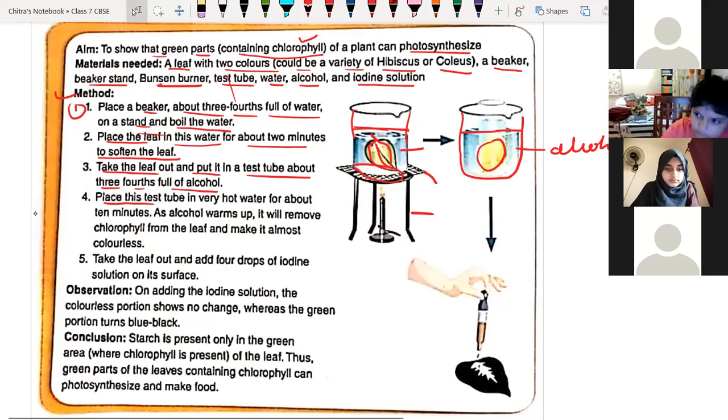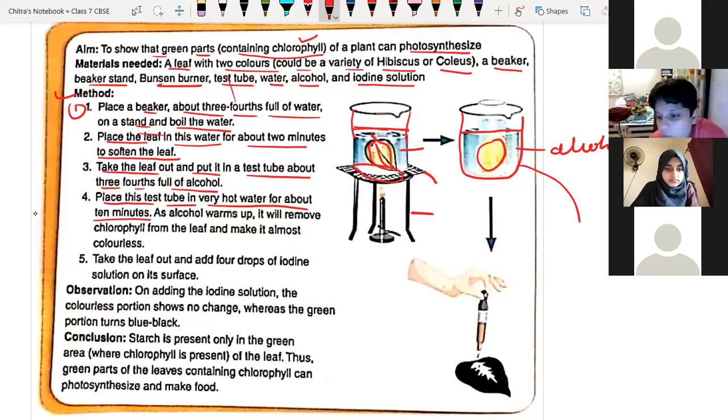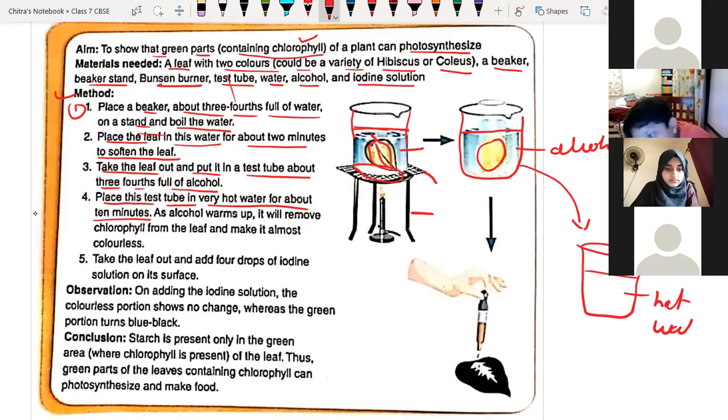Place this test tube in very hot water for about 10 minutes. After putting the leaf in alcohol, again we have to place that test tube into another beaker having hot water. This is the hot water, and here we have to keep that leaf for about 10 minutes.